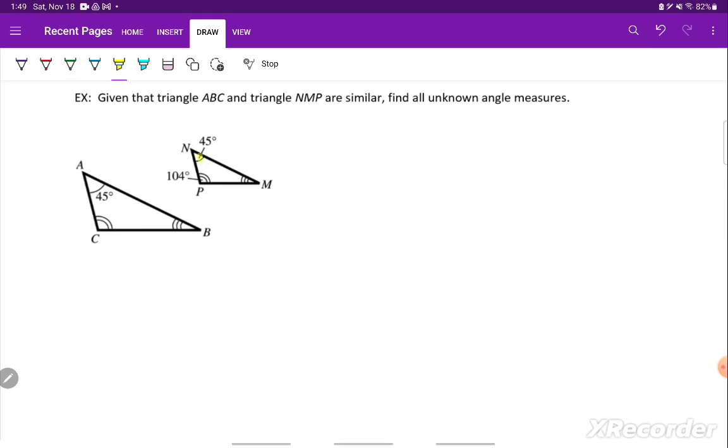So we can see that these two are corresponding. And these two lines at angle C and two lines at angle P tell us that they are corresponding. And then 3 lines at angle B, 3 lines at angle M. So those all have to be the same measure.